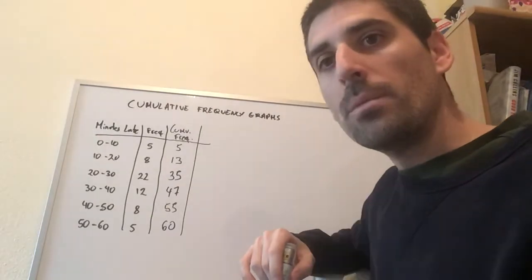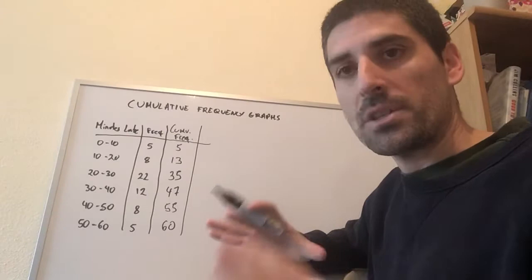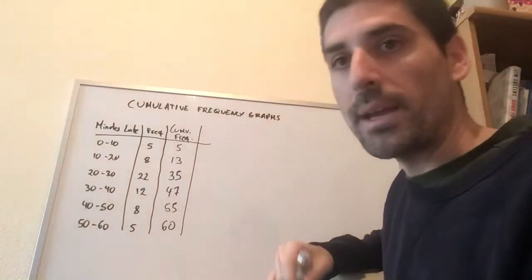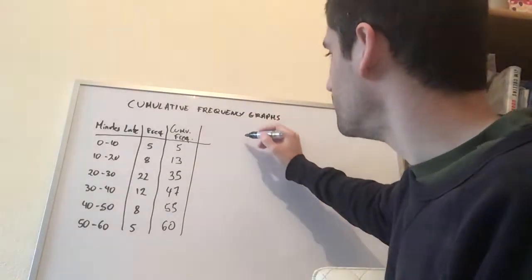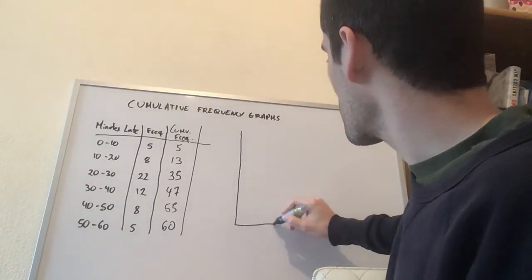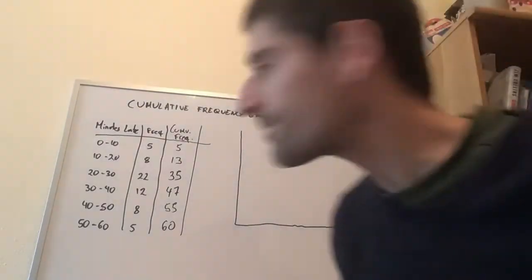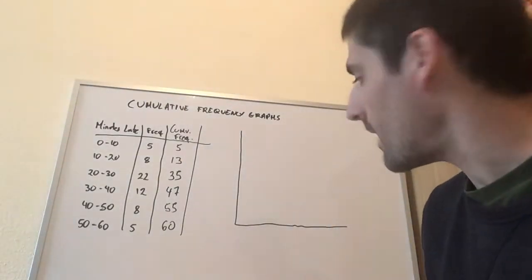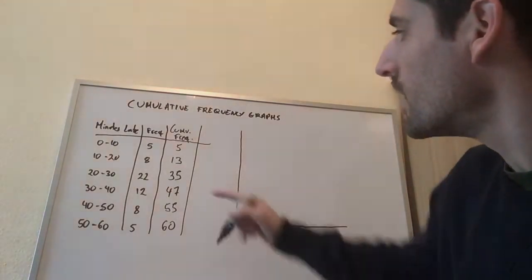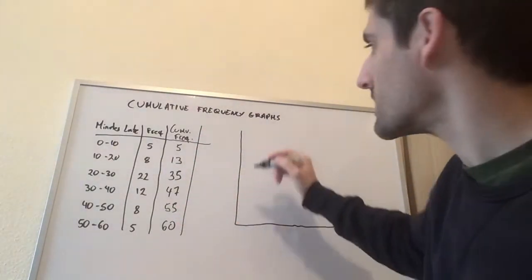Then, to draw the cumulative frequency graph, you're going to do it much neater than me on square paper. I've just got the whiteboard here, there's nothing else I can do. So you're going to draw yourself a nice pair of axes, like so, and what you're going to plot is cumulative frequency, which always goes on the y-axis, okay?